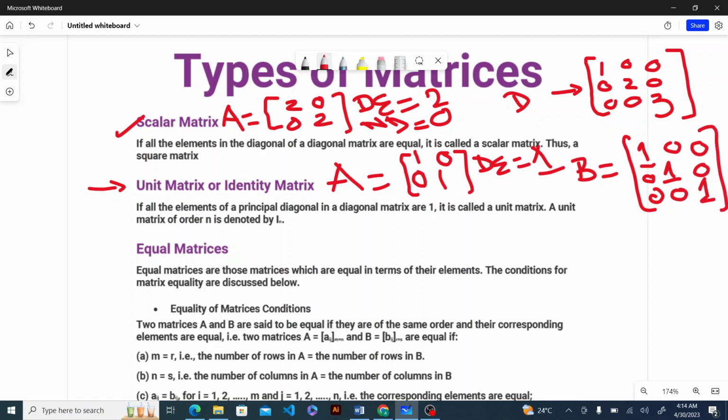So all the diagonal elements are 1 1 1. They are equal, so it can be called a scalar matrix. But for more specification, because they are equal and elements are 1, it is unit matrix or identity matrix.